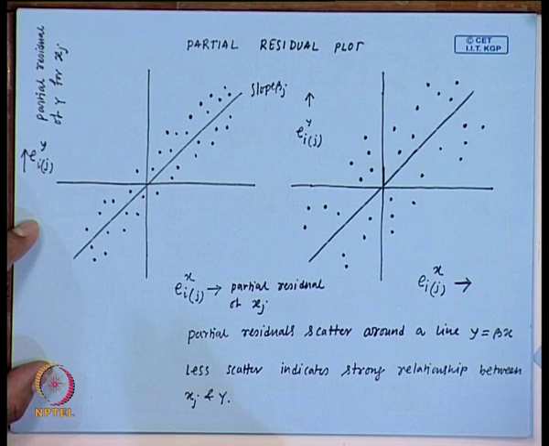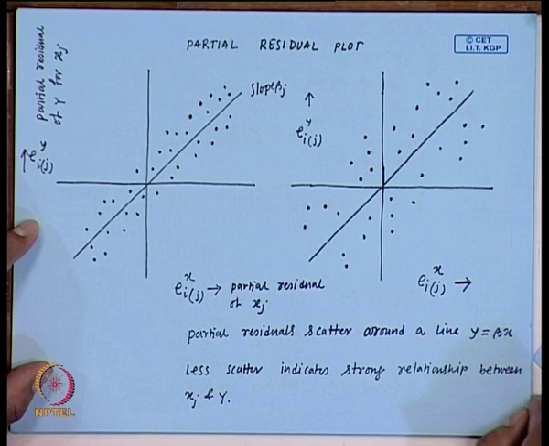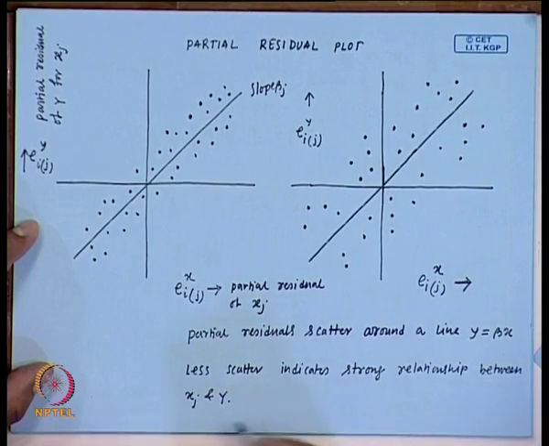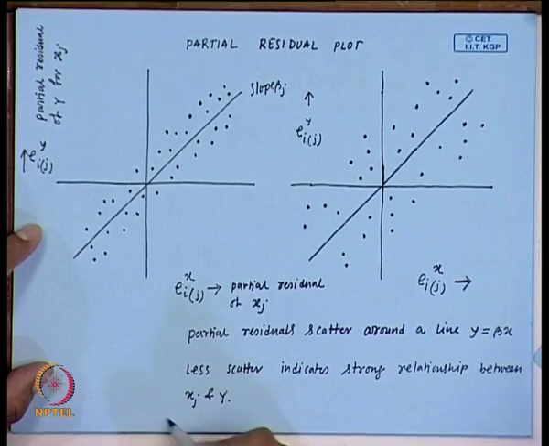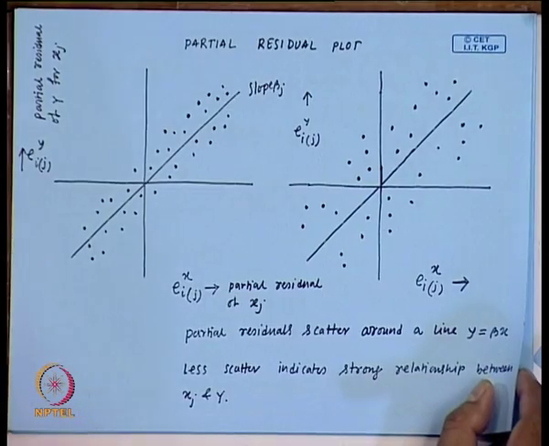Okay, so this is one type. So this is the marginal role of x_j on y.